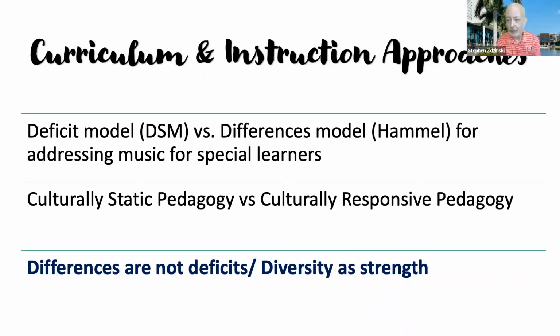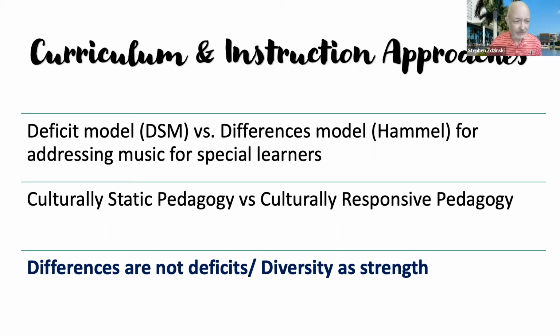One of the things when we looked at both approaches, we realized that the prior learning model in special education, which is very much from the DSM deficit medical model, has really morphed into more of a differences model. So it's different, not less.